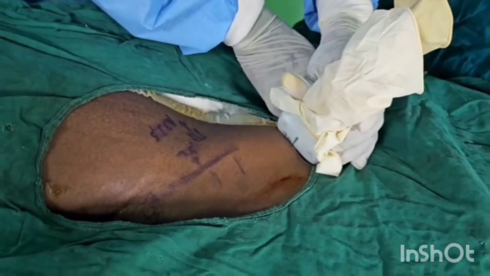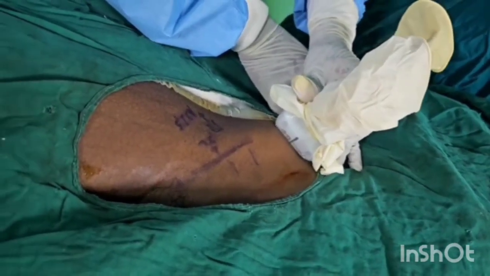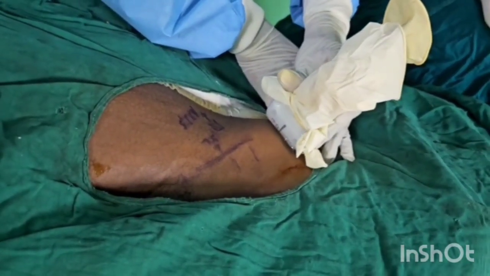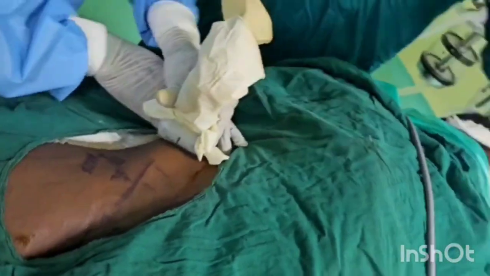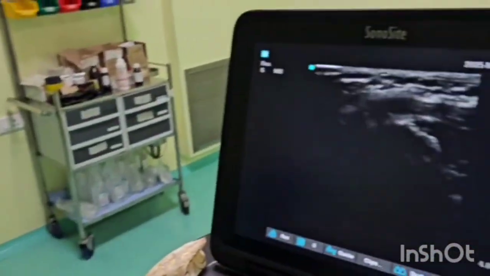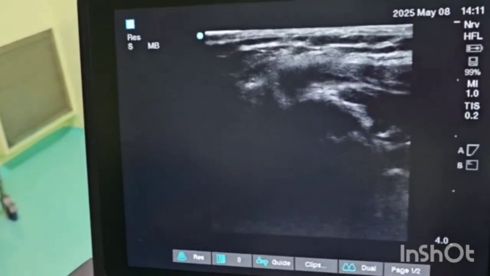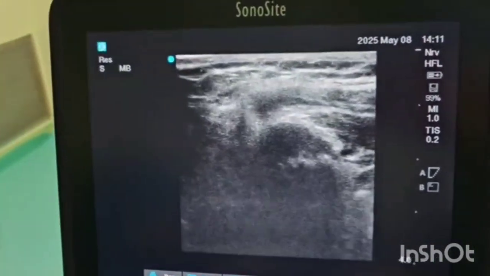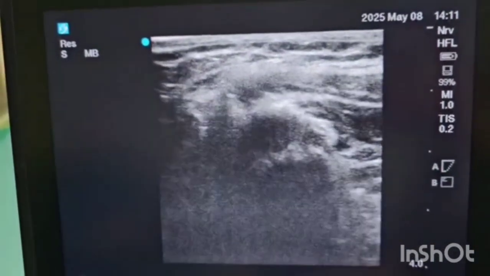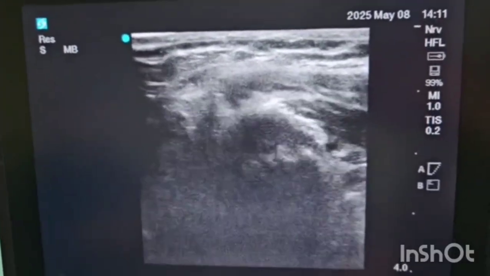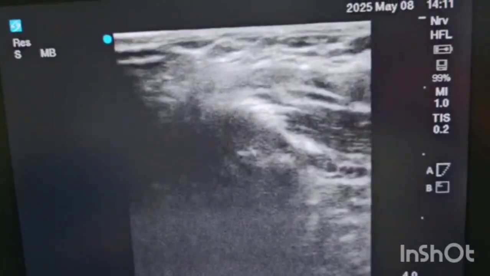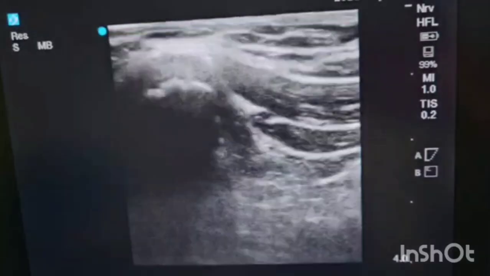By placing the probe on the ASIS, that is the anterior superior iliac spine, we can see on the monitor the hyperechoic structure, the white line.